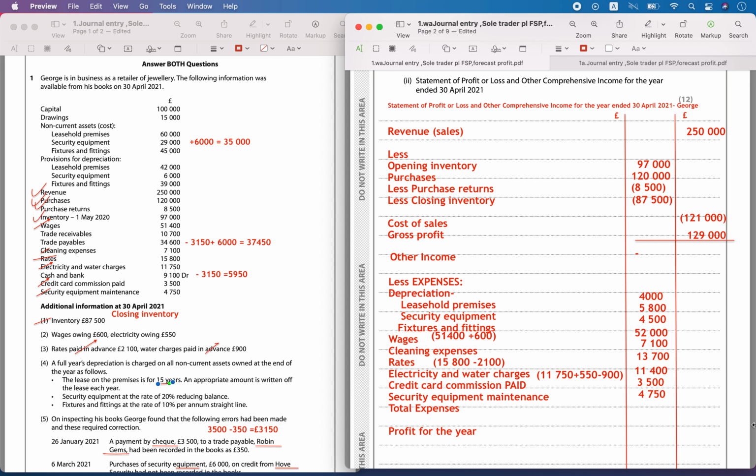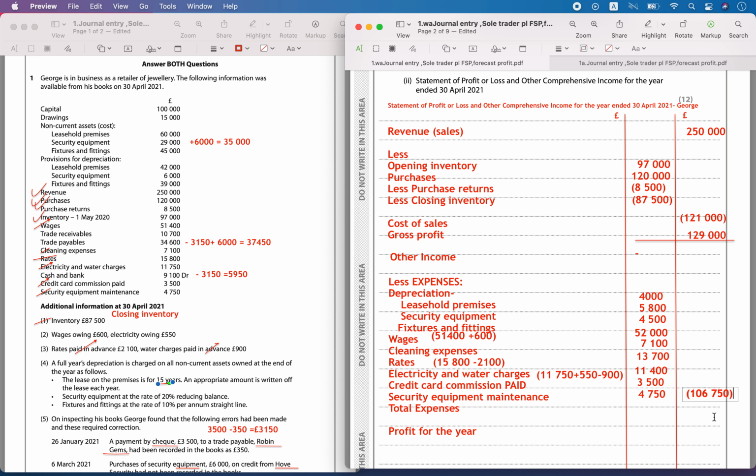Now from the gross profit, which I had calculated, I have to subtract the total expenses to get my profit for the year.